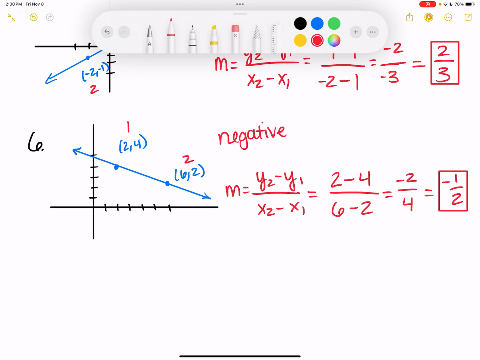All right, finding the slope of the line that passes through the points. Number 8. They give us the points -2, -1, and 4, 5.